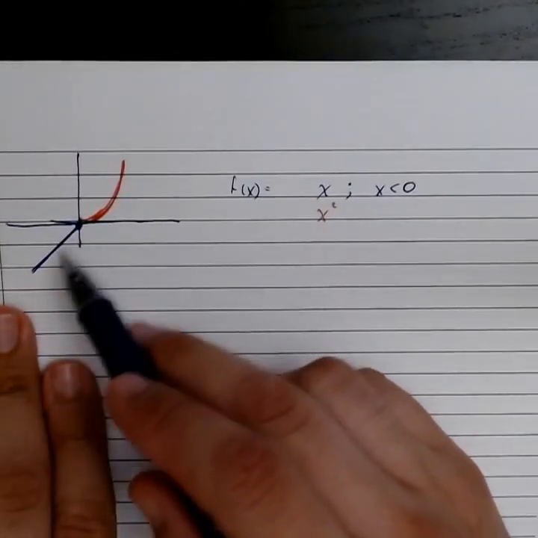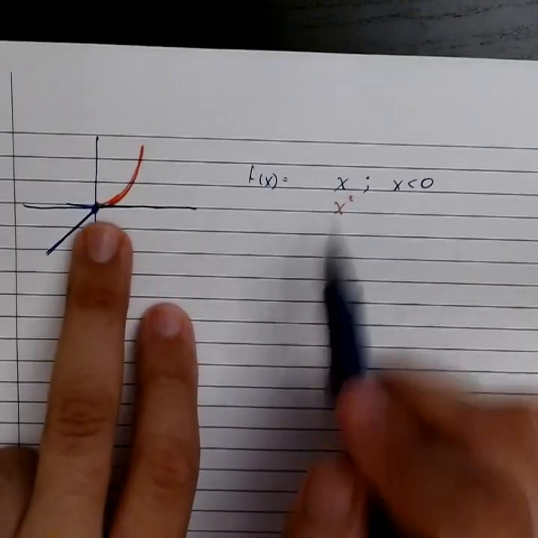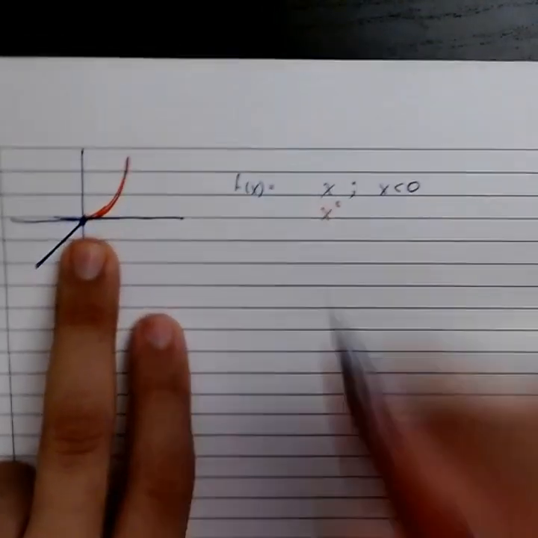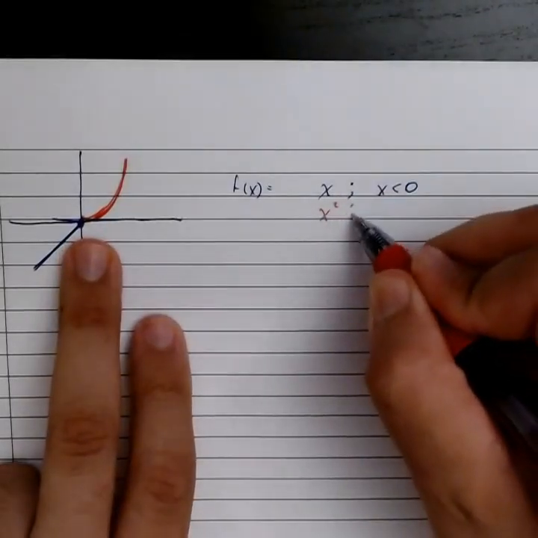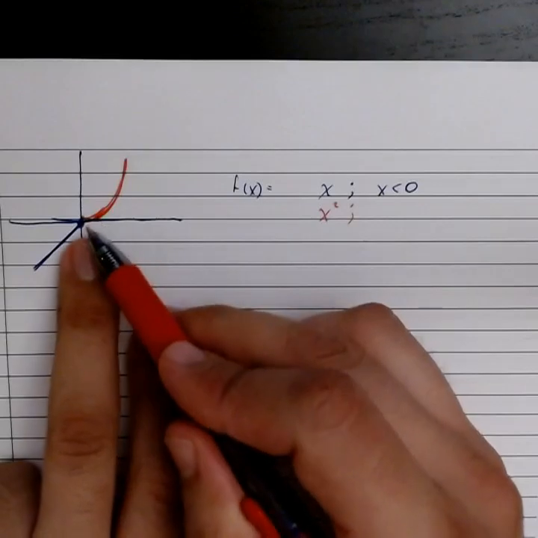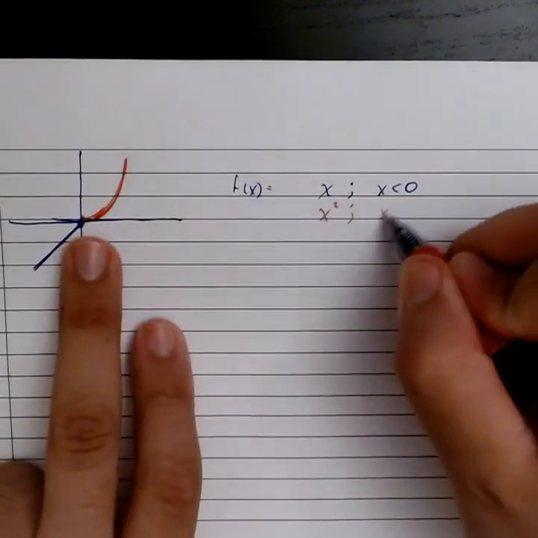Okay, but what if x is not less than 0? Oh, well, then I want it to behave this way. Or to be specific, I want it to behave like y equals x squared. But again, where do you want that to happen? Oh, I want that to happen when x is greater than 0. Okay, so here when x is greater than 0.